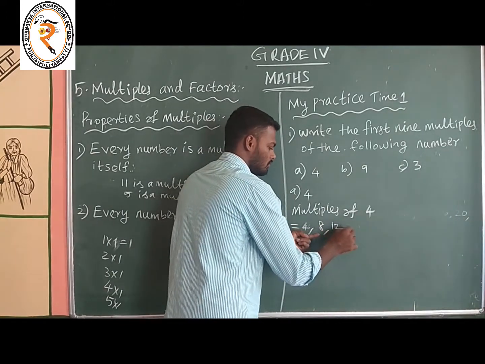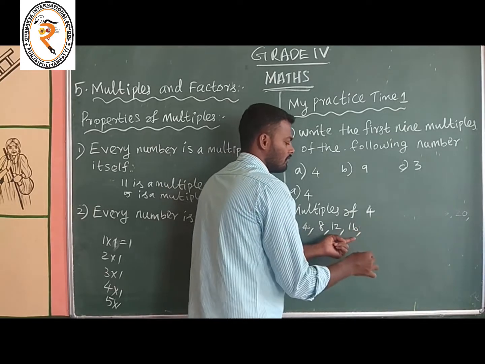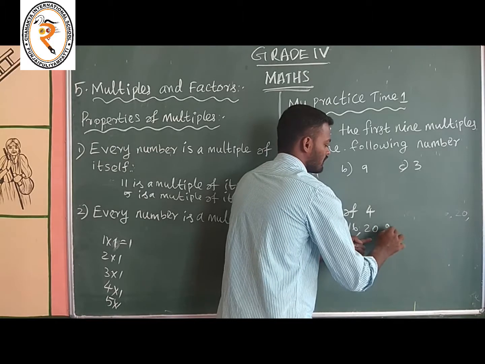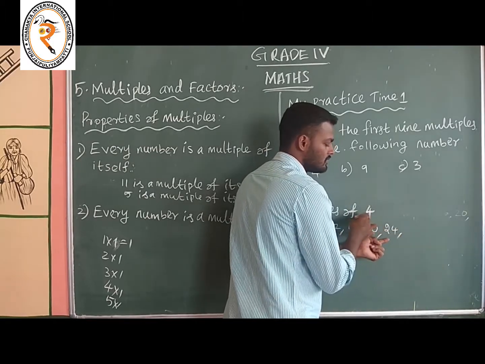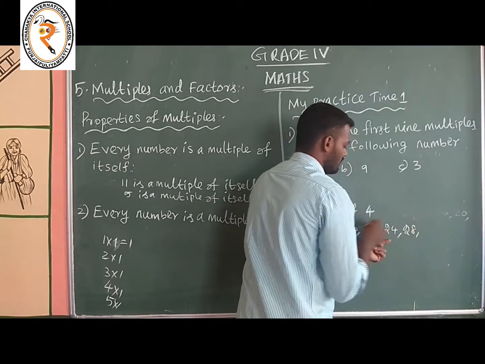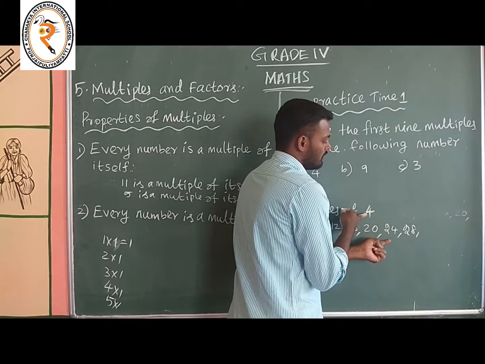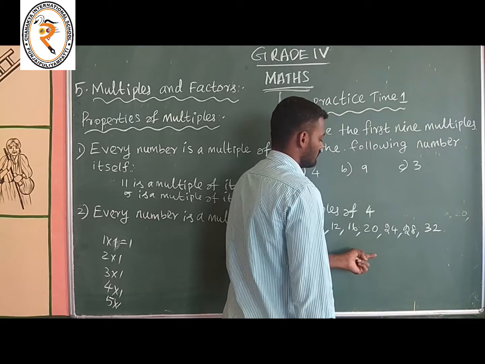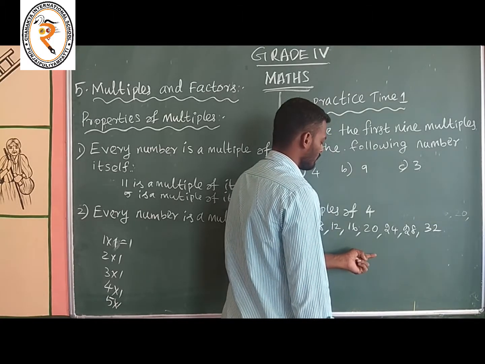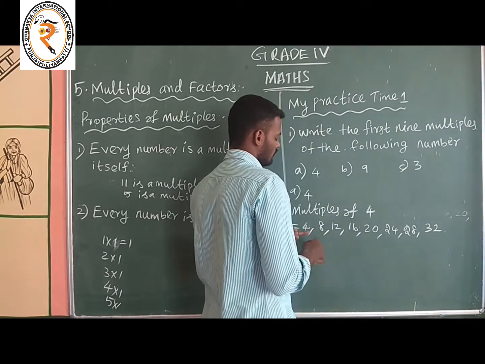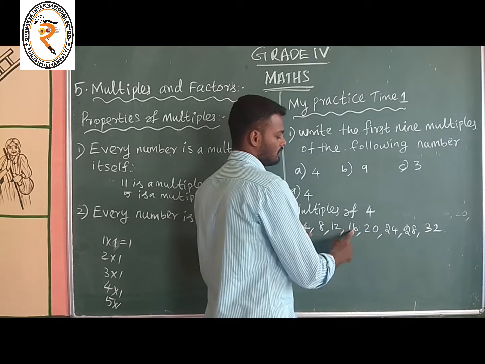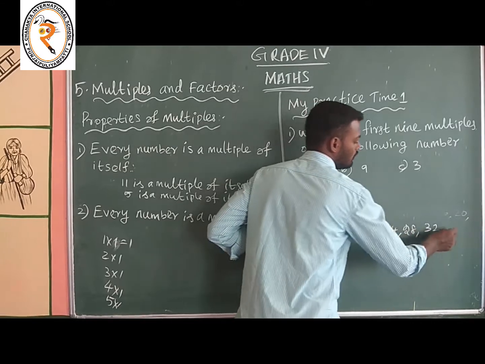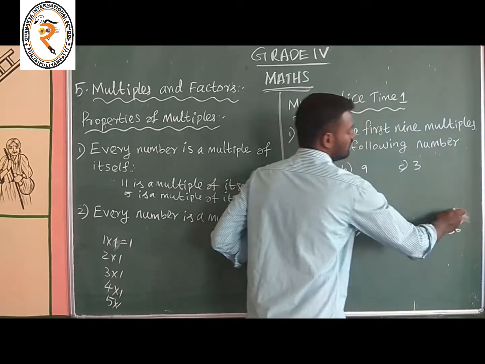3 4s are 12, 4 4s are 16, 5 4s are 20, 6 4s are 24, 7 4s are 28, 8 4s are 32, and 9 4s are 36.